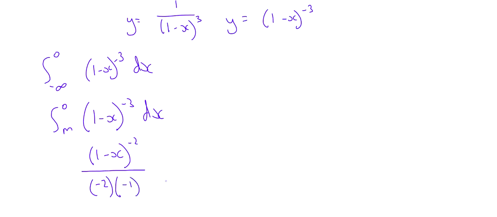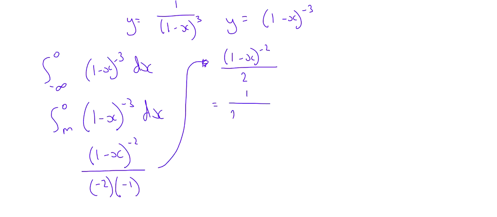If I rewrite this, I've got 1 minus x all to the power of -2, and -2 times -1 is just 2. We need to rewrite this because we have a negative power, so this becomes 1 over 2, 1 minus x squared.